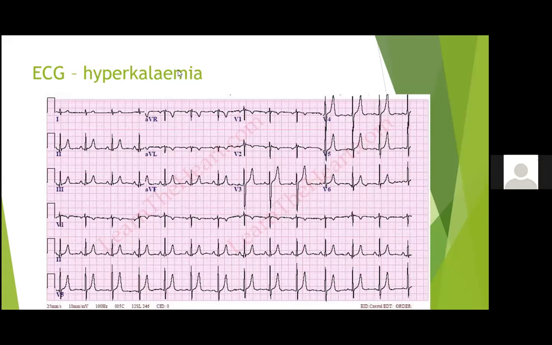Wave absence. Yeah, so you get flattened P waves. And where can we see that in this ECG, or reduced P waves? Is that apparent anywhere here? Any particular lead?